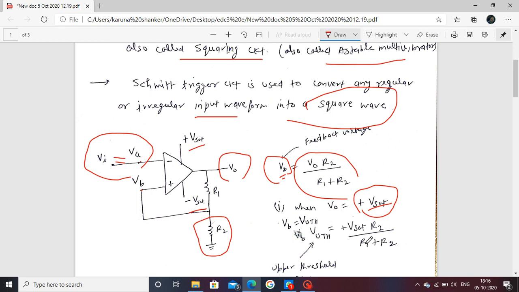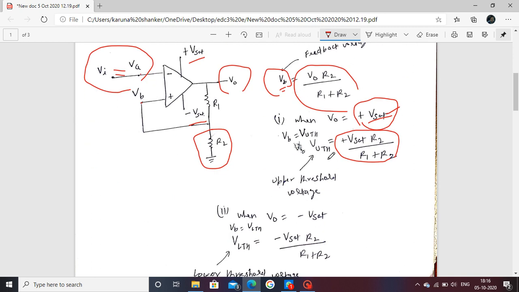V output is equal to plus V sat. Now this voltage is called the upper threshold voltage, with the symbol VUTH. This VB voltage is defined as the upper threshold voltage when V output is equal to plus V sat.